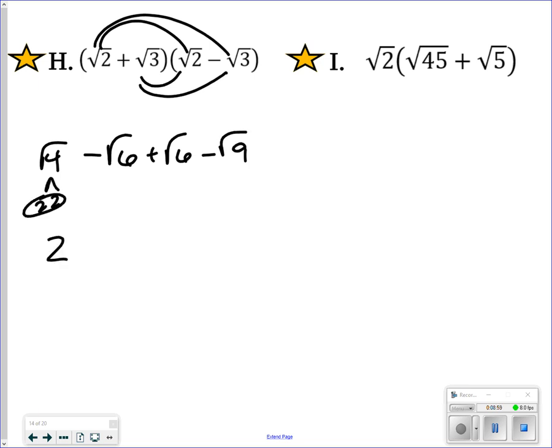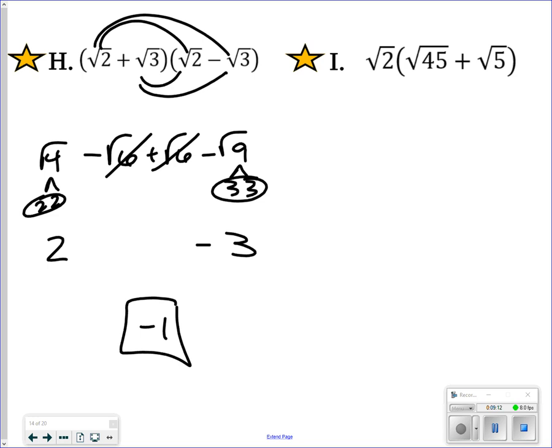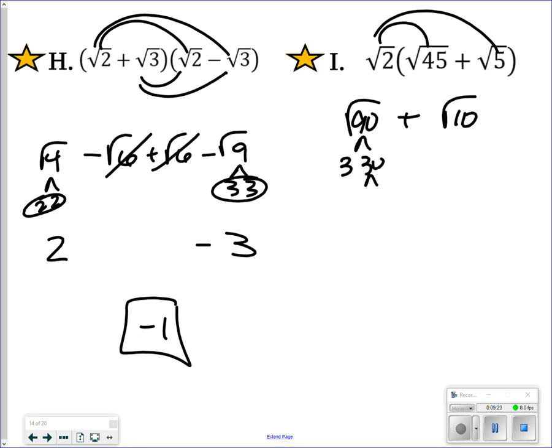Square root of 3 times 5 square roots of 2 makes 5 square roots of 6. Now, that I multiplied, it's inside the radical with what was inside the radical. So the next one would be the square root of 9.